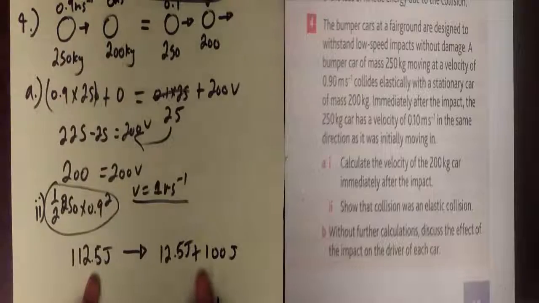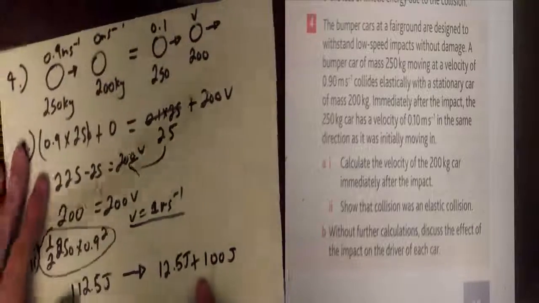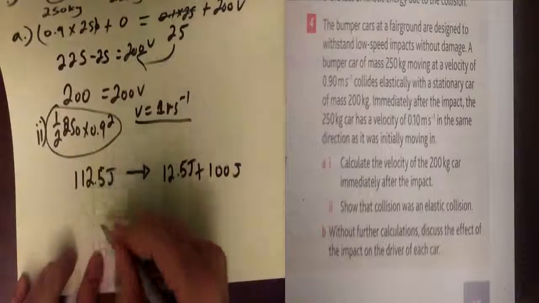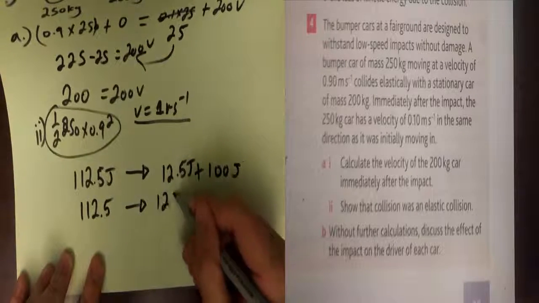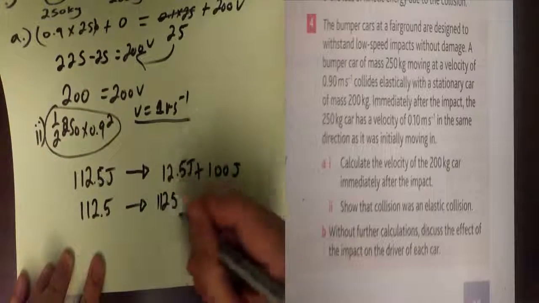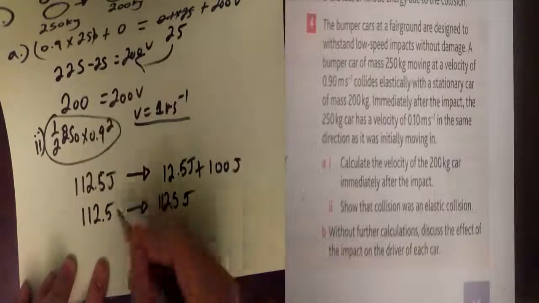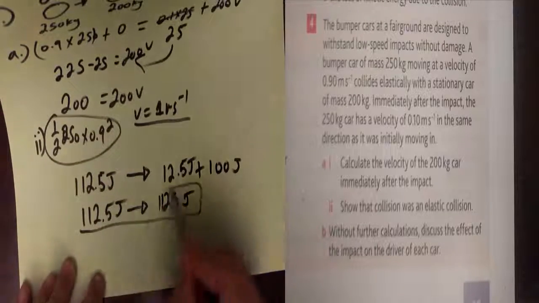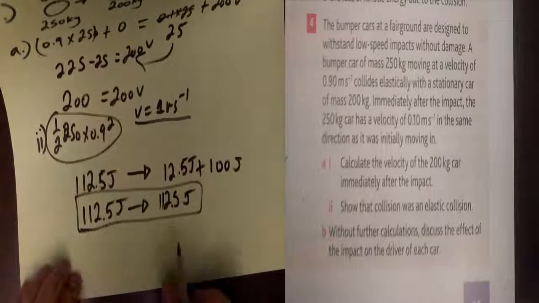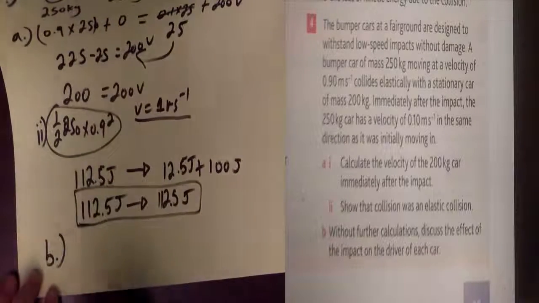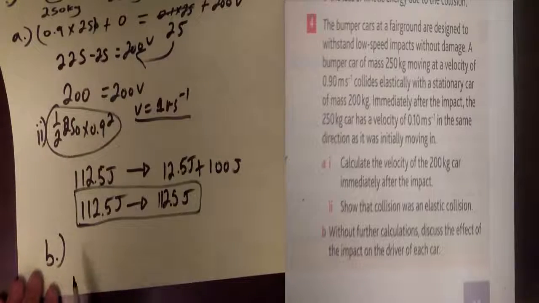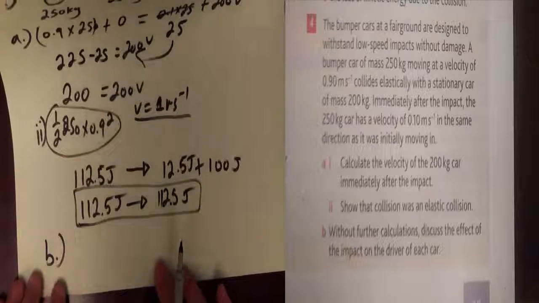Now, this is looking quite nice. So what does this tell us? Energy is the same on both sides. So, we can prove it was an elastic collision. Now, part B tells us, without further calculations, discuss the effect of the impact on the driver of each car.